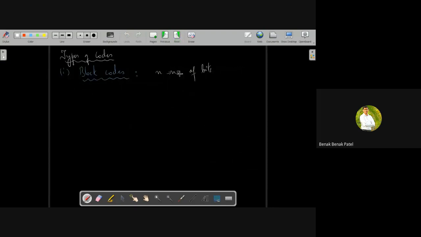So in a block code, the overall size is n bits, out of which k are message bits and n minus k are check bits.